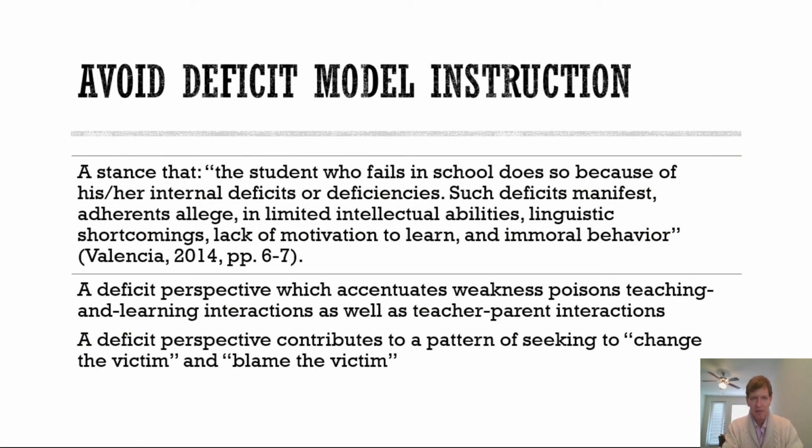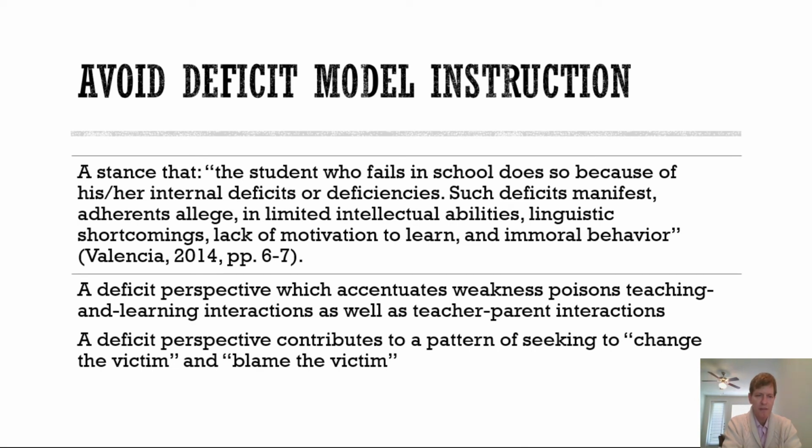And like I was just saying, avoid the deficit model. I cannot stress that enough. The deficit model is basically saying a student fails in school because his culture or background is inherently lacking, without looking at the structural or other difficulties that the student has dealt with. A deficit perspective basically blames the victim.